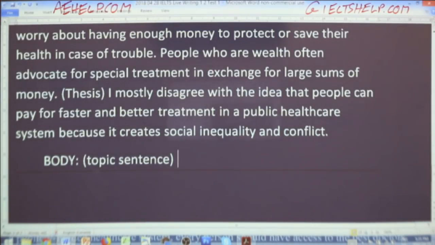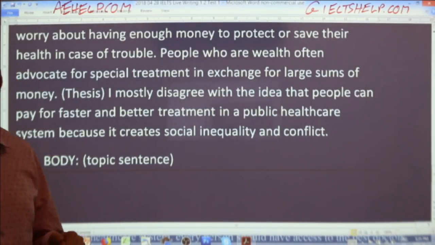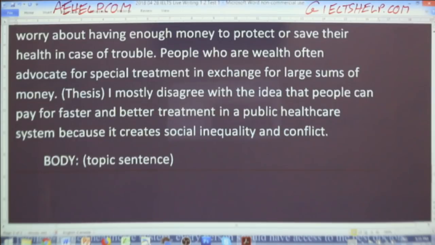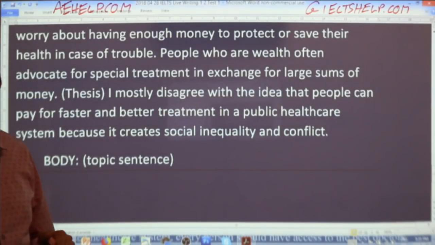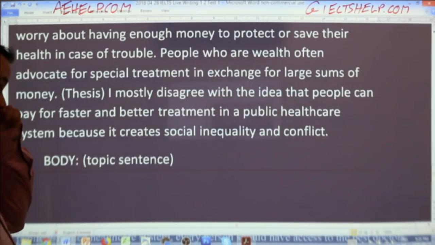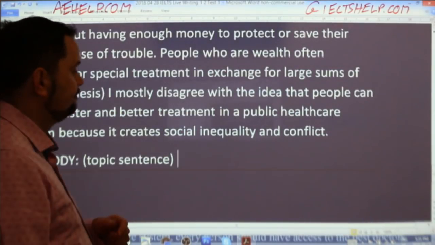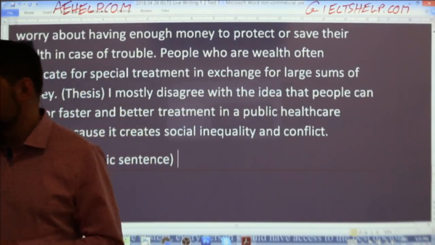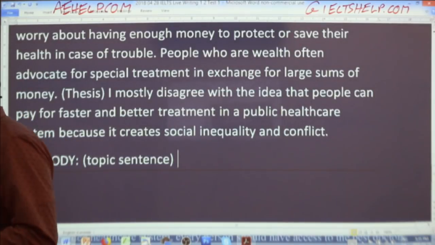So why does it create social inequality if somebody can pay for better and faster service? Okay, there's one sentence up.